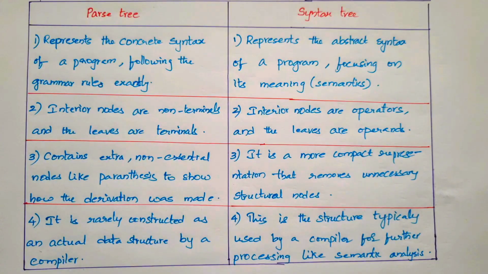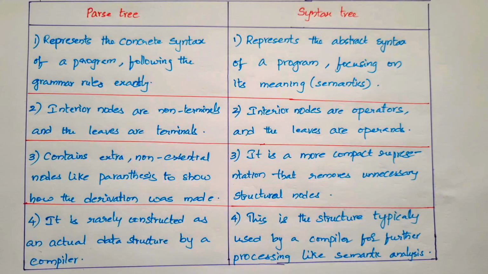In a parse tree, the internal nodes are non-terminal symbols and the leaf nodes are terminal symbols like identifiers, operators, and keywords. Another characteristic of a parse tree is it contains extra structural information, including nodes that simply show how the derivation was performed.